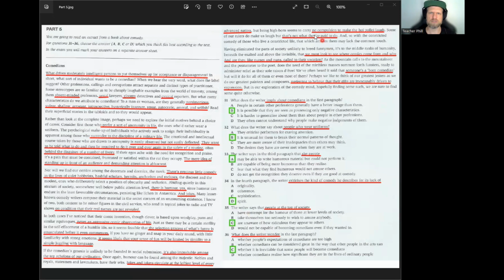I don't think so. It says here they have no compulsion to make the hoi polloi, which is like regular people, laugh, so they don't care about that too much. So I think I can eliminate A and B. With D, I'm not sure though. It says here, with the constricted comedy of those who live a constricted life, that which amuses them may lack the common touch.